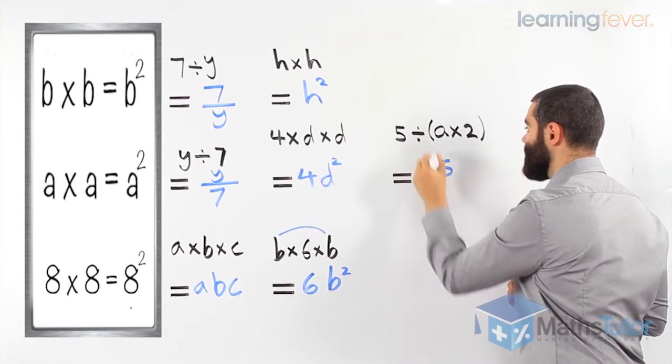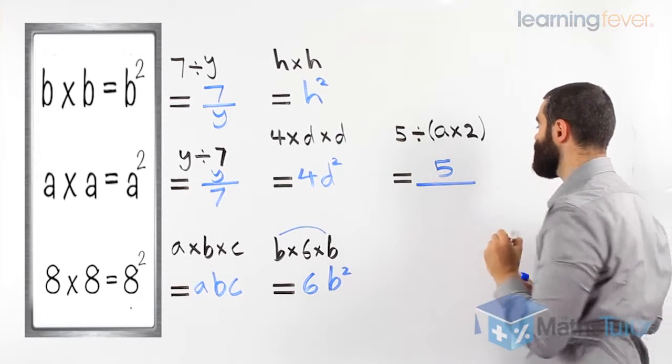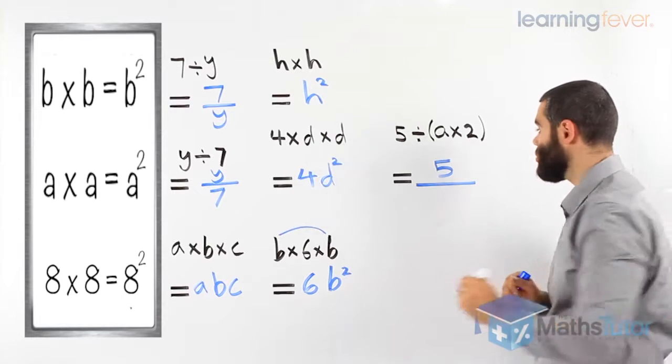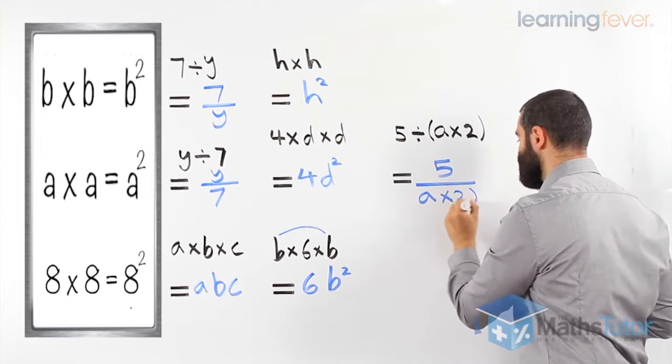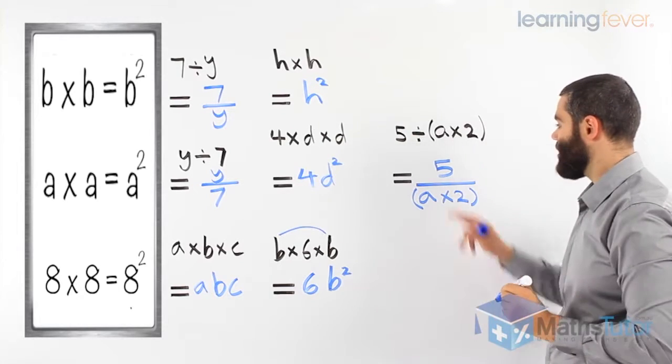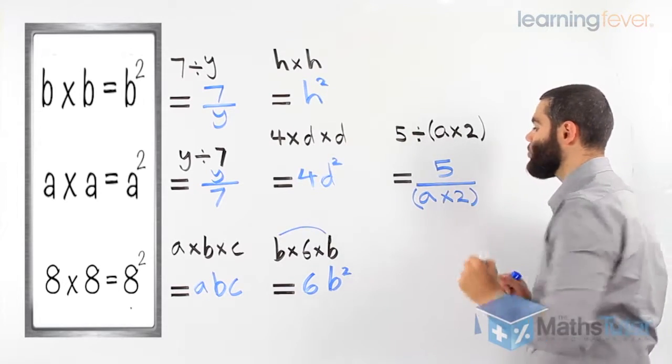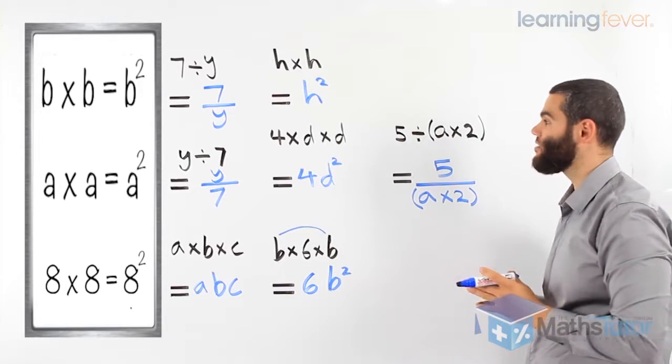It is our numerator. Division is our fraction bar. A times 2 is our denominator. 5 divided by everything, which is A times 2 in this case.